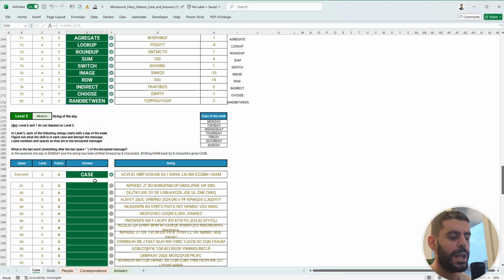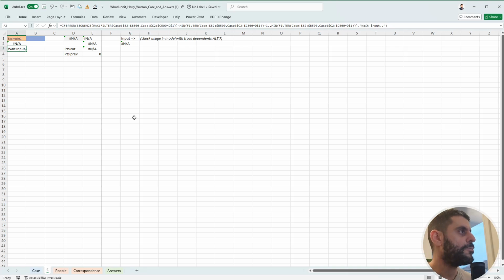Probably overcomplicated my life during the live solve, because I built a two-way data table to address the options of the days of the week and the options for the ordinal shifts, because in this case you will have to apply a certain ordinal shift, and you are asked which ordinal shift you are going to apply, and you know that the first word of the sentence is a day of the week. So there's probably a better way to do this.